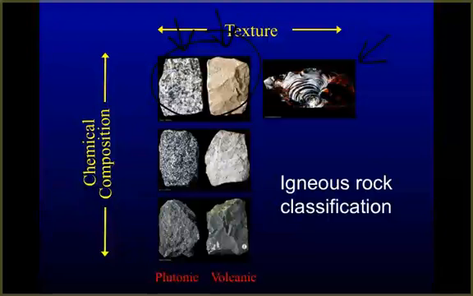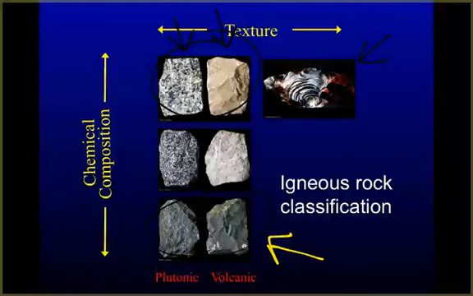Then let's look down at the bottom there, where we've got a plutonic and a volcanic equivalent of a basalt. Let's change our pen color here so you can see. The basalt on the right, the volcanic equivalent to the plutonic gabbro on the left.